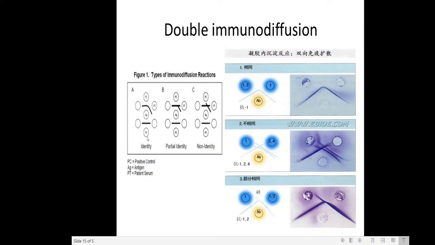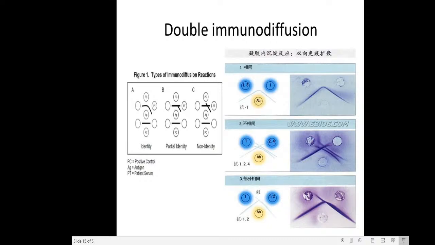This is a positive control, which means a blood sample having the antibody against the particular disease. We need to know whether the patient has the disease or not.